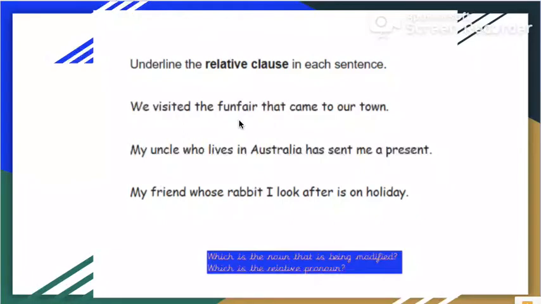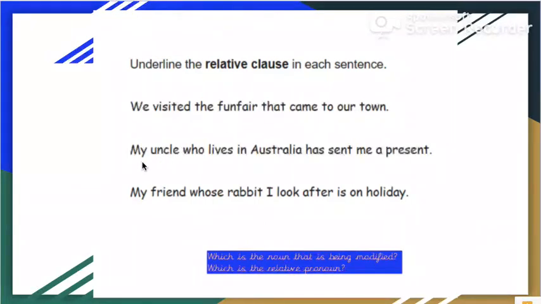So thinking about our relative pronouns, what I will do actually is, because I haven't got one on my slide here, I will attach some examples of relative pronouns onto the Google Classroom assignment, so that if you're stuck here, you can pause it and go and have a look and remind yourself on relative pronouns. So fun fair is the noun that's being modified. So that is the relative pronoun. Okay, that is adding more to the sentence to modify the noun, which is fun fair.